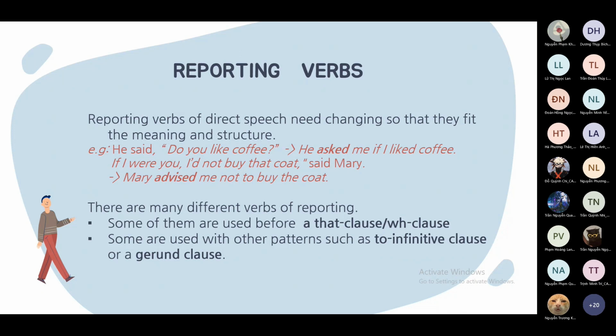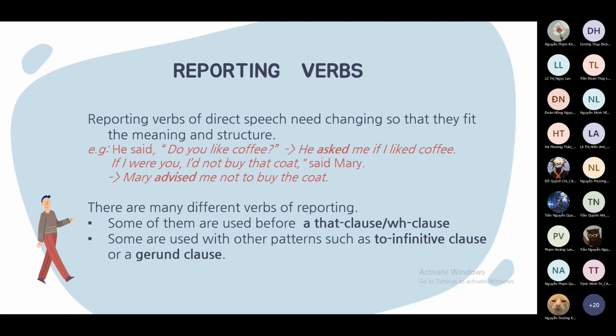Verbs plus to-infinitive are offer, refuse, threaten, volunteer, promise. Verbs plus objects plus to-infinitive are advise, remind, invite, warn. Verbs plus gerunds are admit, deny, and suggest.